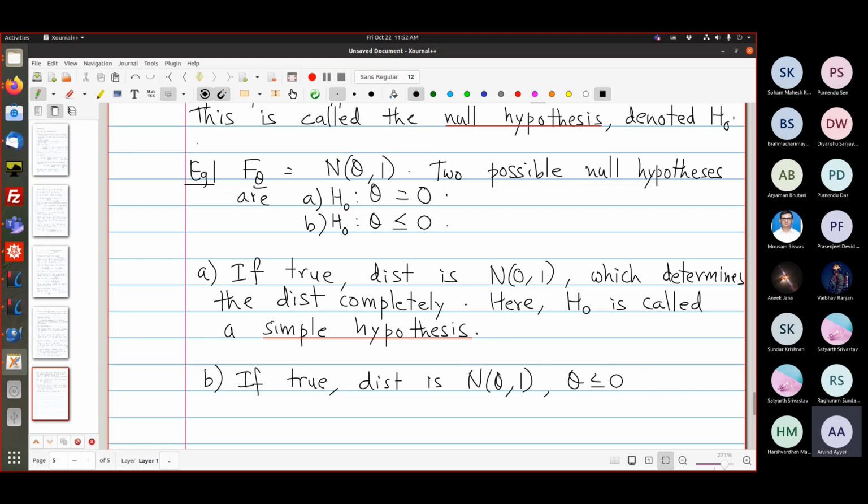This is not a fully determined distribution, because you don't know theta. We say theta is less than or equal to 0, but this is a large interval, which does not specify the distribution completely.